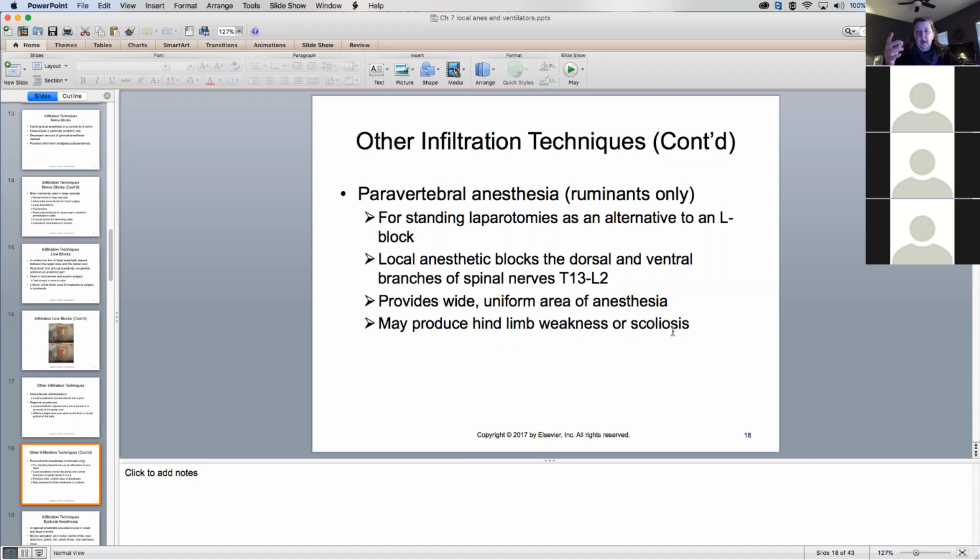So anytime you block large nerve roots, you do have to worry about weakness and stumbling. You're only at L2, and they're going to have L3, L4, L5, but the spinal cord ends around L4, L5. It narrows. At L2 you're almost at the end of the spinal cord, but those caudal nerves are what control the back limbs, and that's what we worry about.